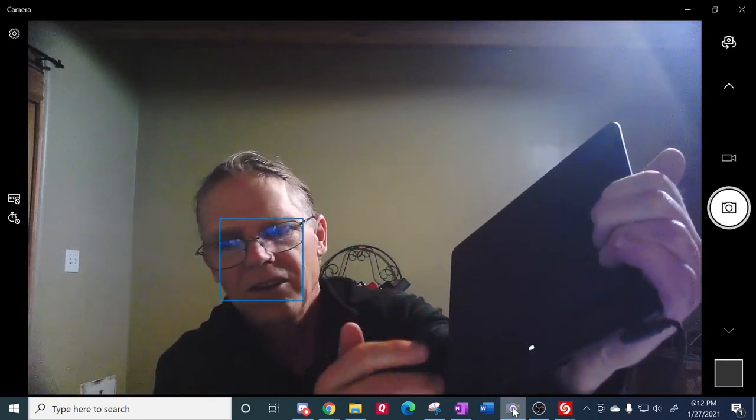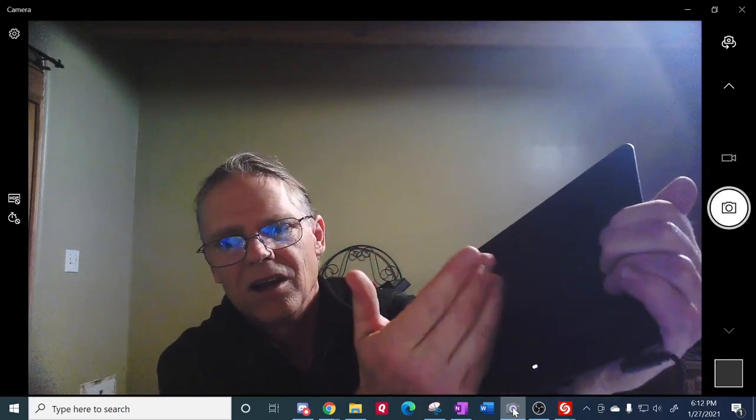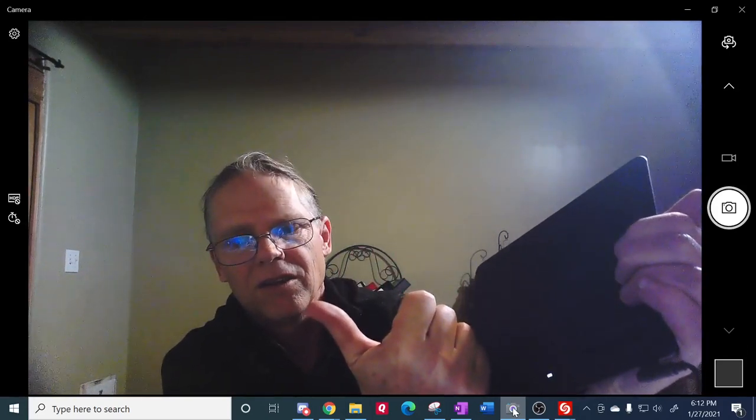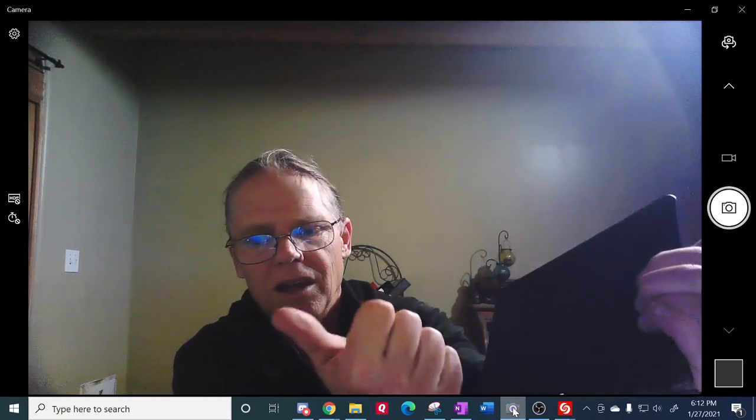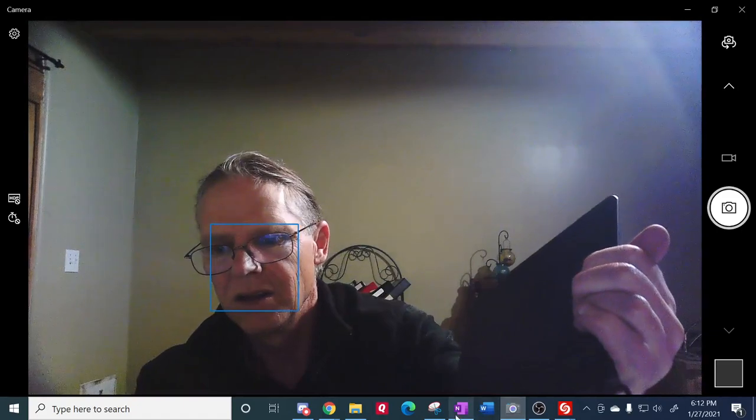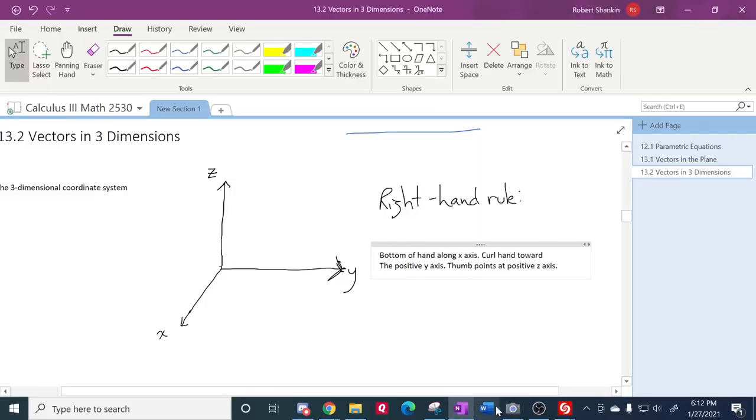Alright, call this the x-axis, this the y-axis. Curl, and then this is going to be the positive z-axis up here. And over here, I'd have to whip my hand around so that the bottom of the hand is on this. Then it's going to curl towards the y and the thumb would point up at the z.